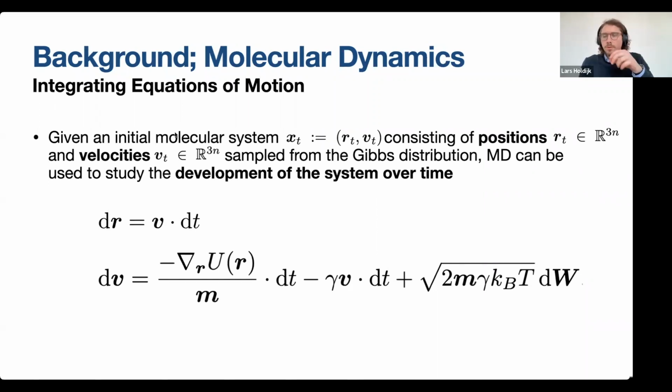It can do that in multiple forms. The form that we're looking at here specifically is the stochastic differential equation, where we update these positions and velocities at every time step following these rules. So our positions are updated based on the velocities, and the velocities are updated based on a change in the potential energy of our system.